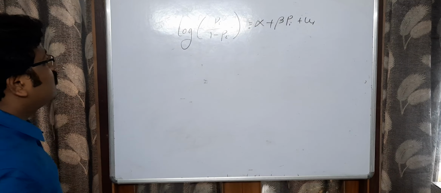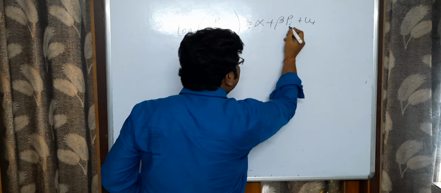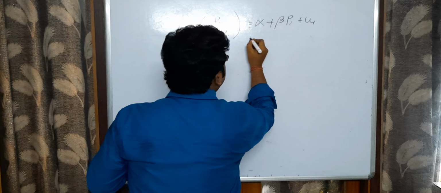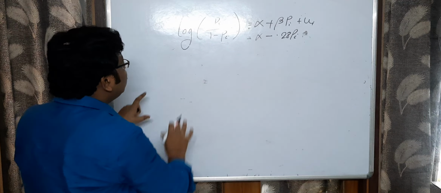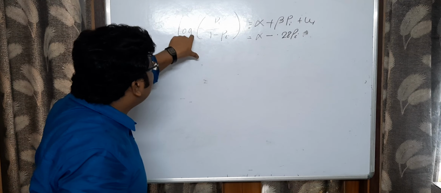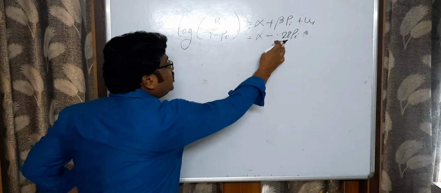Now if the price is very high, for example, I am assuming values such that alpha is minus 0.228 and beta is minus 0.28 times Pi, and this is the log of Pi over 1 minus Pi. So what does it mean? It means that a 1 unit change in price will negatively affect the log odds ratio. That is, the log odds ratio will fall by 28%.